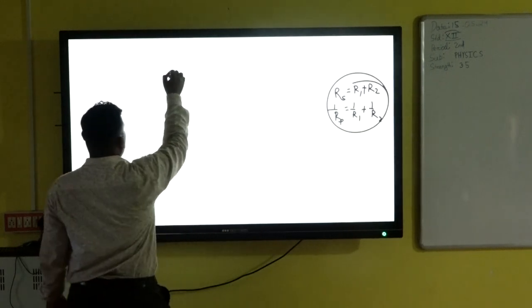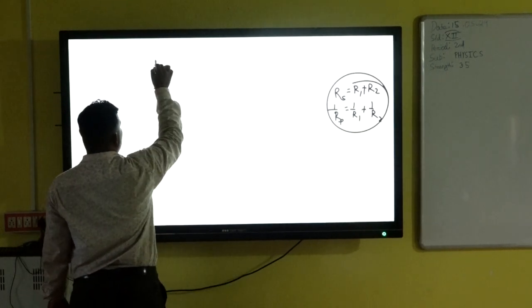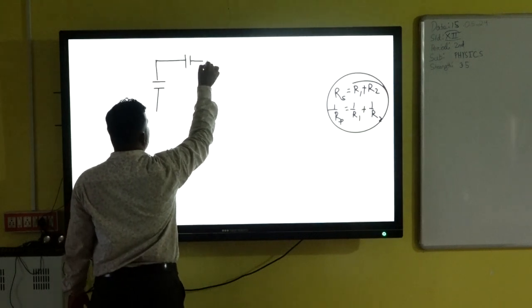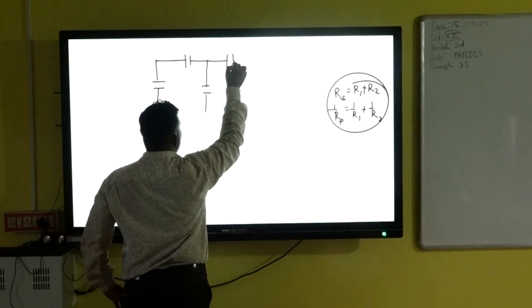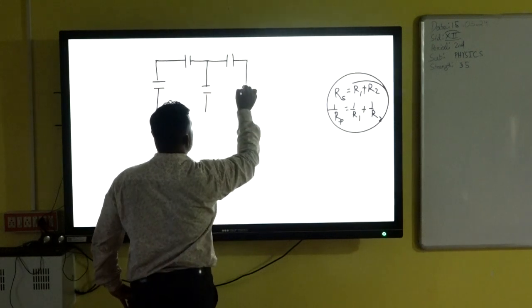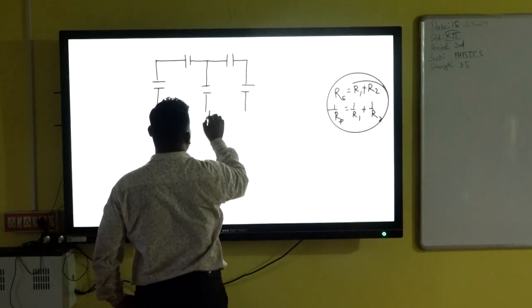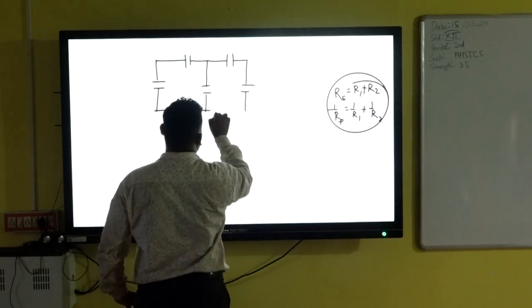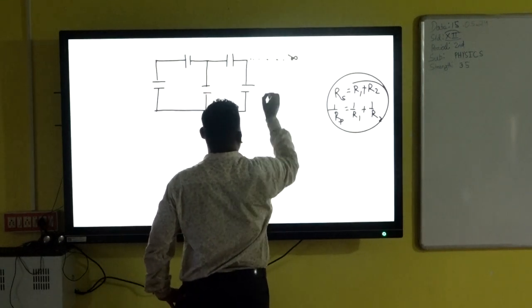So I am giving you one circuit like this. This is one capacitor, this is one, so this is an infinite circuit.